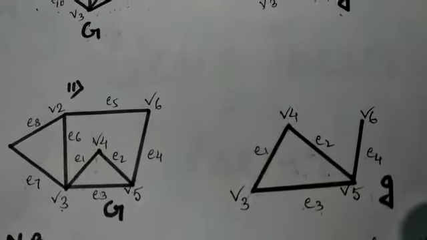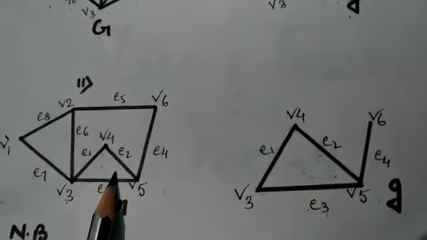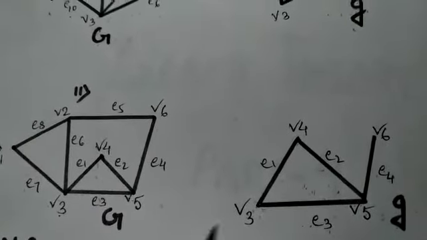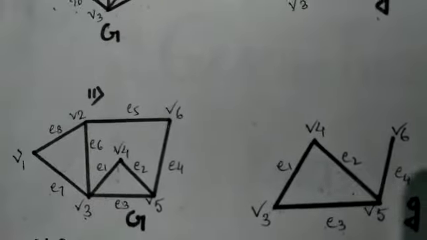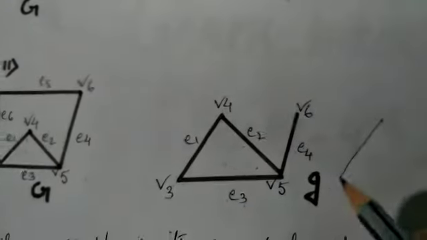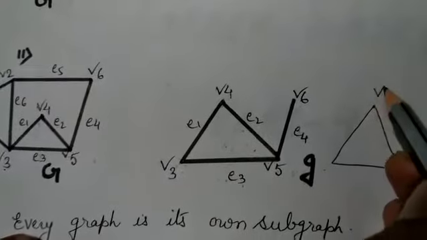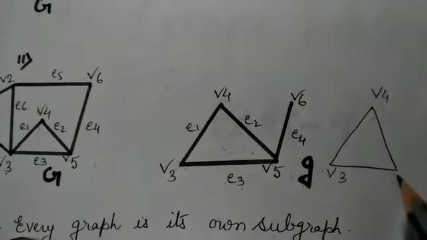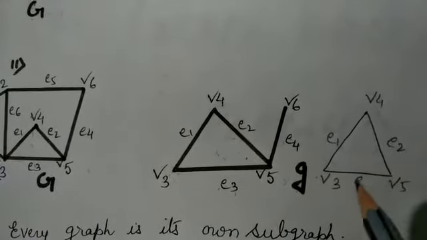Now what we can see is that every graph is its own subgraph, and if this small g is a subgraph of the original graph G, again if we take one more subgraph of this small g, let us take the vertices V4, V3 and V5, edges E1, E2 and E3.